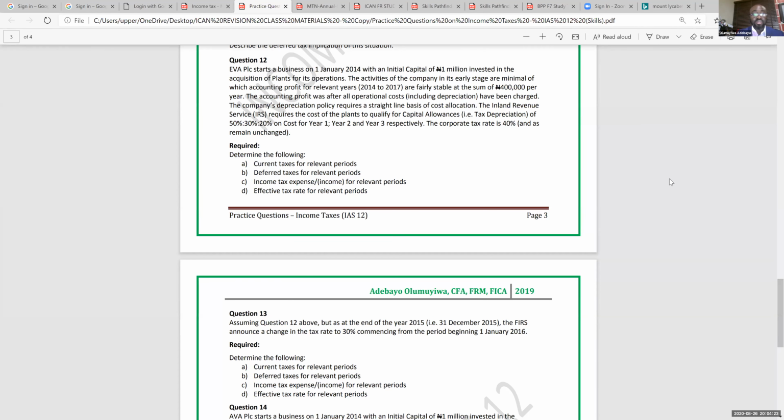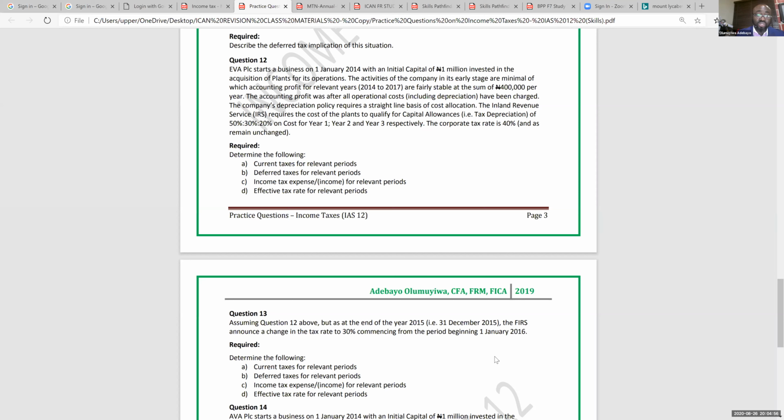Now question 13 reads as thus. Assuming question 12 above, but as at the end of the year 2015, that is 31st December 2015, the FRS announced a change in the tax rate to 30%, commencing from the period beginning 1st of January 2016.